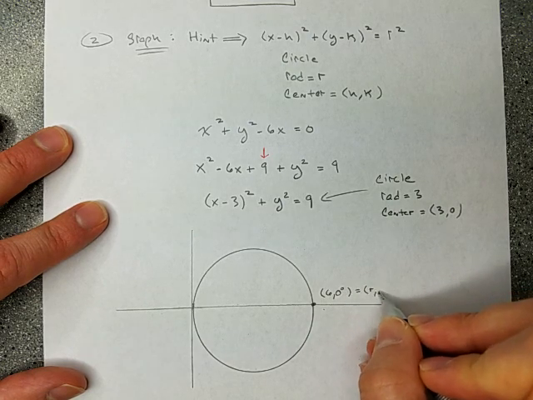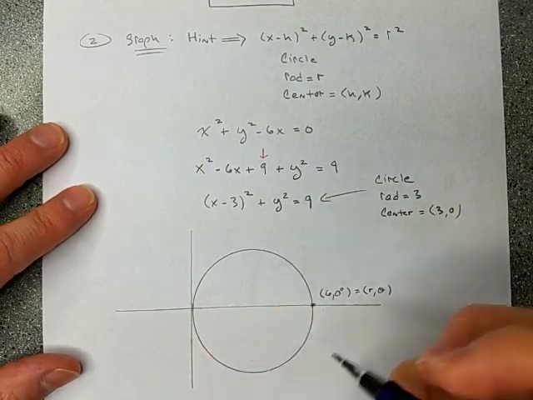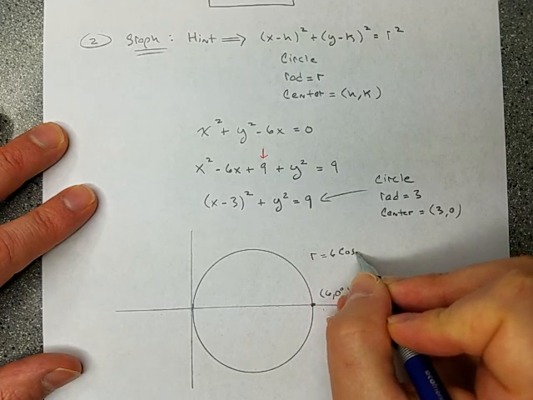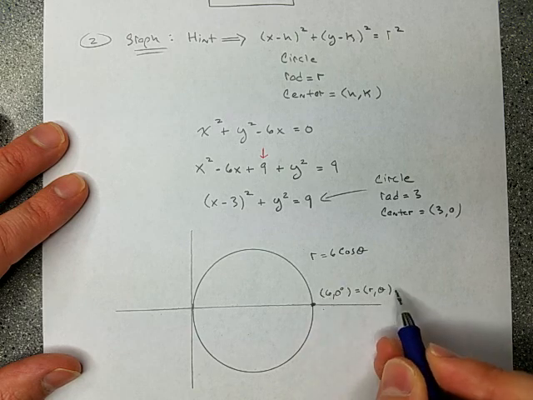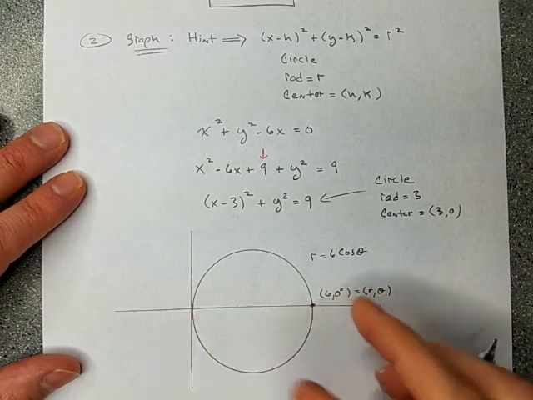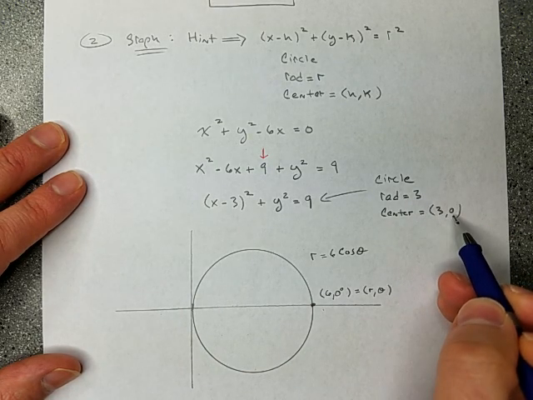That's a polar point. So there's your graph of r = 6 cos θ, and there's one point in polar coordinates, just for reference. But otherwise, this is a circle, radius 3, center (3, 0) in rectangular coordinates.